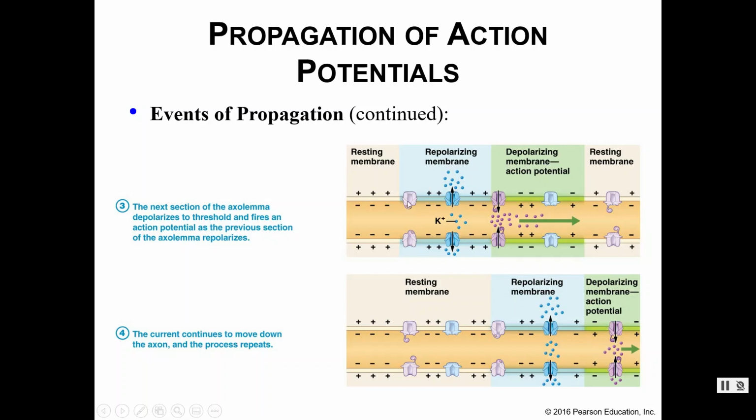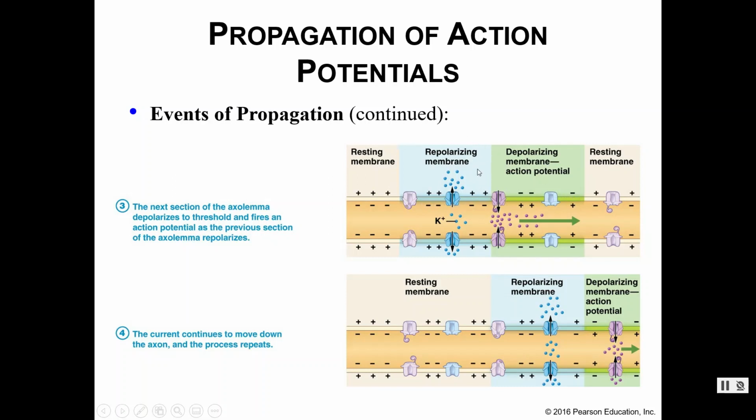Now that we've paid attention to our sodium channels, let's make sure we understand what else is happening. After we have opened our initial sodium channel and depolarized this section of membrane, once we start depolarizing the next section of axolemma, what happens to our first section?